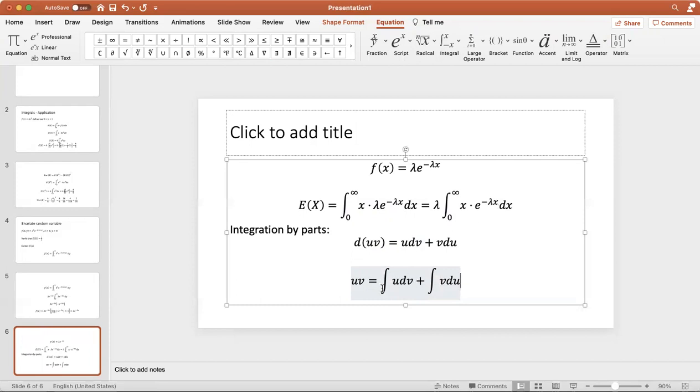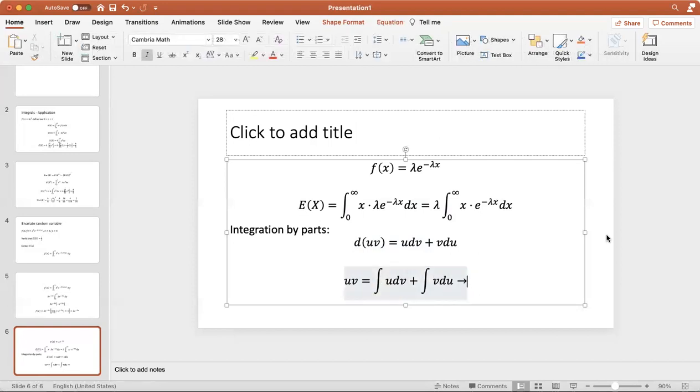So normally we assign it in the first function, and therefore the integral of u dv equals uv minus the integral of v du.